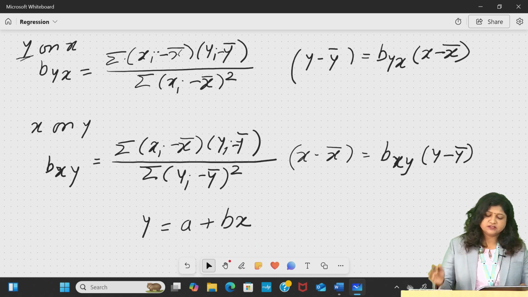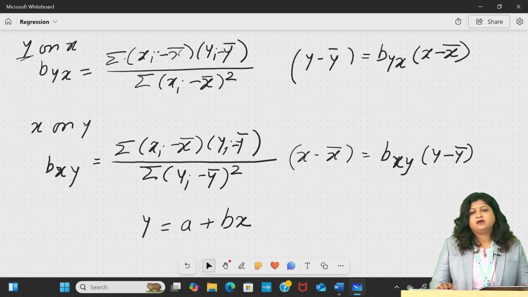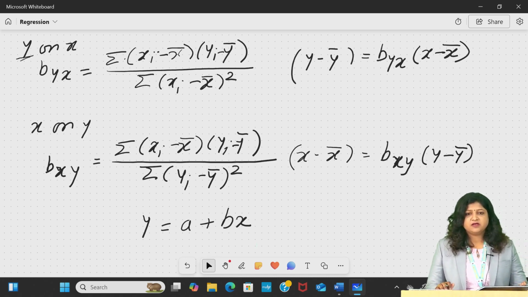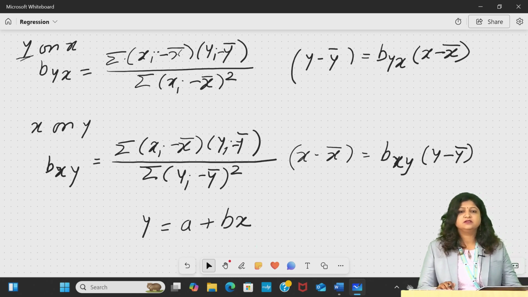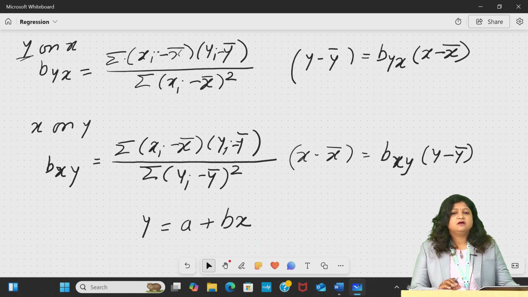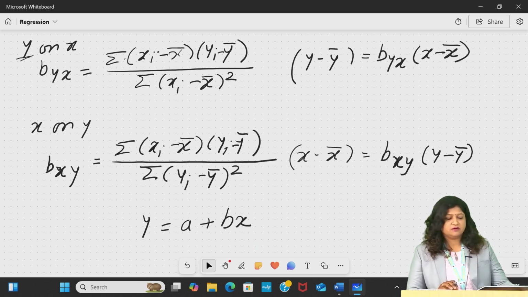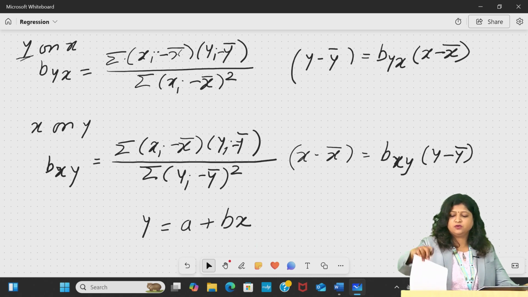Here y is the dependent variable, a is a constant, b is the regression coefficient which we have formulated above, and x is the independent variable. So let us have one example for that.